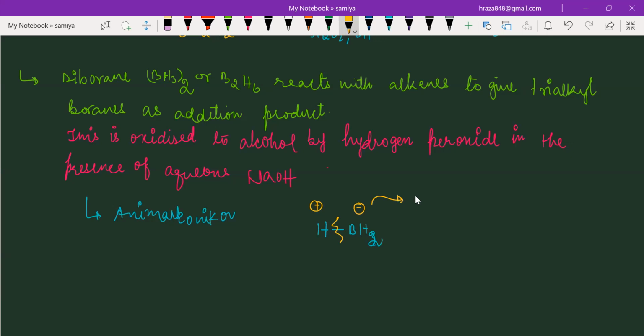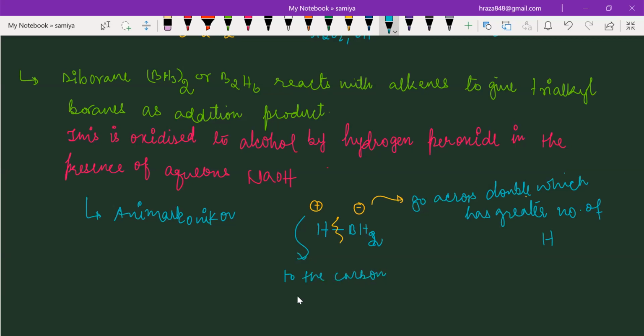So negative part will go across the double bond to the carbon which has greater number of hydrogen, and positive part to the carbon across the double bond which has lesser number of hydrogen.